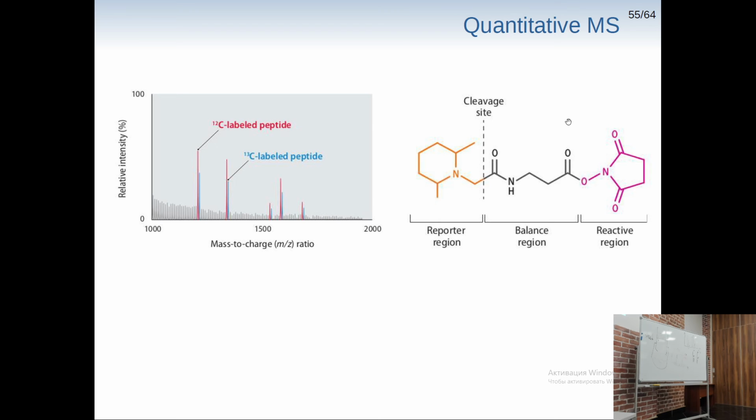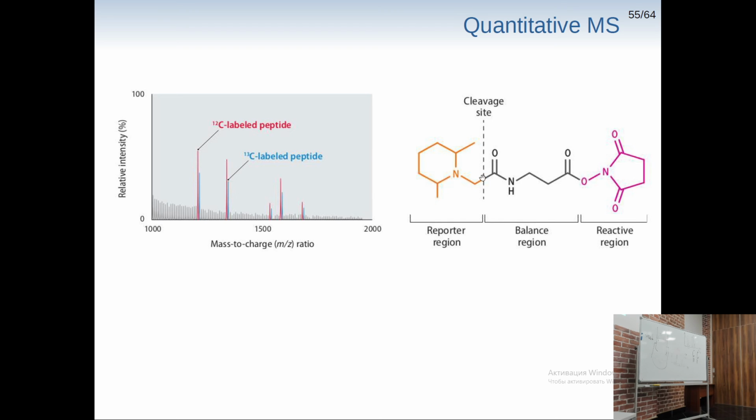And we can have two different molecules which have the same mass, but with differences in carbons here and here. What is interesting about this molecule? It will self-cleave after ionization and this part will go away.